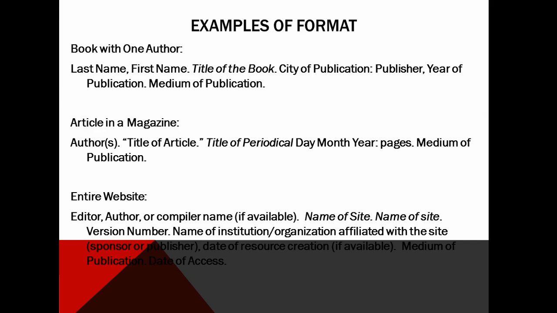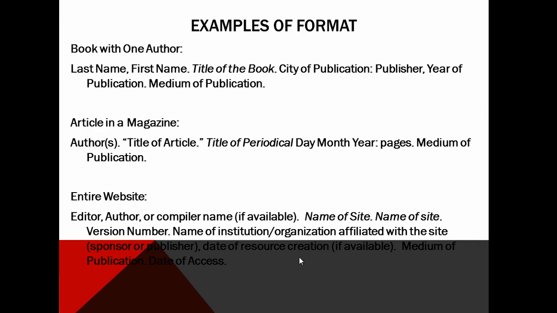Notice that pretty much for each of them, they follow a very similar format where you have the author's name, which comes first, the title of the book, periodical or article or site, the city of publication for a work that's been published in print, any date where the work itself was published, and the medium of publication.